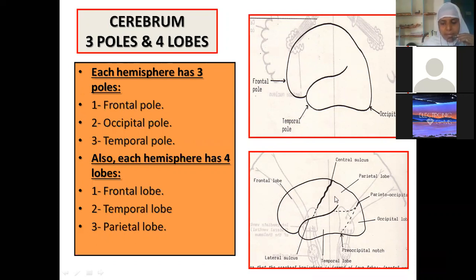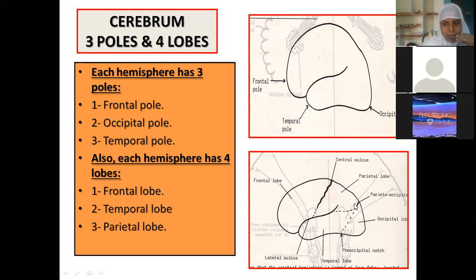Now, between the parietal lobe and occipital lobe, the name of the sulcus is the parieto-occipital sulcus, but this is also too shallow. You need to join one line extending from the parieto-occipital sulcus to the lateral sulcus, above which we have the parietal lobe. Now see here, right around 5 centimeters in front of the occipital pole, there is a small notch called the pre-occipital notch.